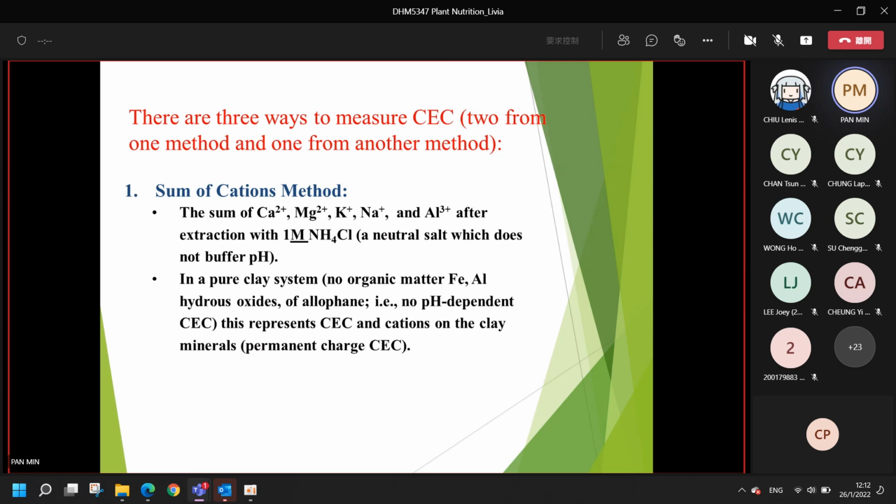Because in these systems, it's difficult to extract all the cations from the organic matter.